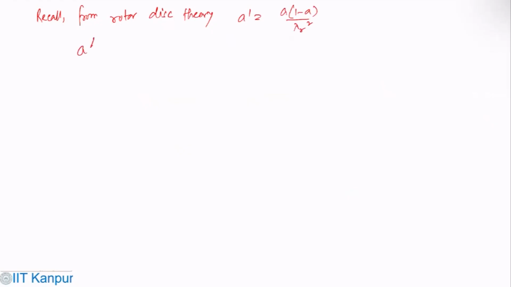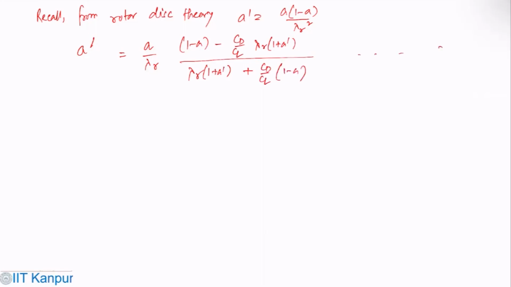So what we have, A prime equals A by lambda r, 1 by A minus CD by CL lambda r (1 plus A prime), divided by lambda r (1 plus A prime) CD by CL (1 minus A). So it's a little bit of algebra to do that.